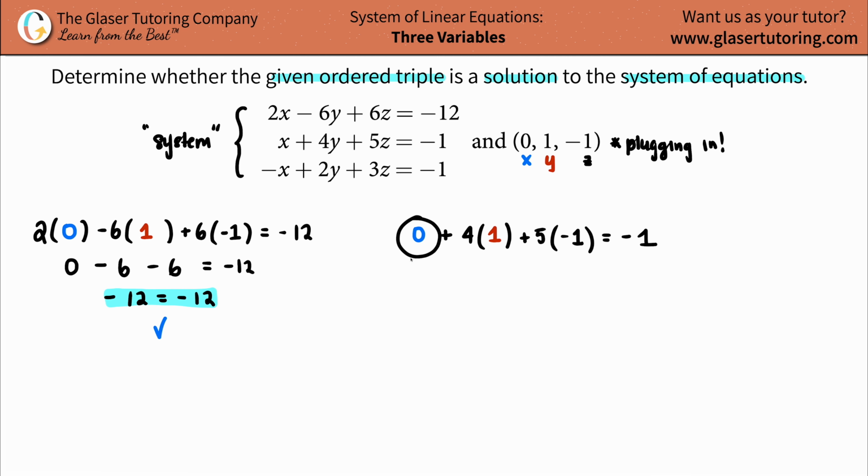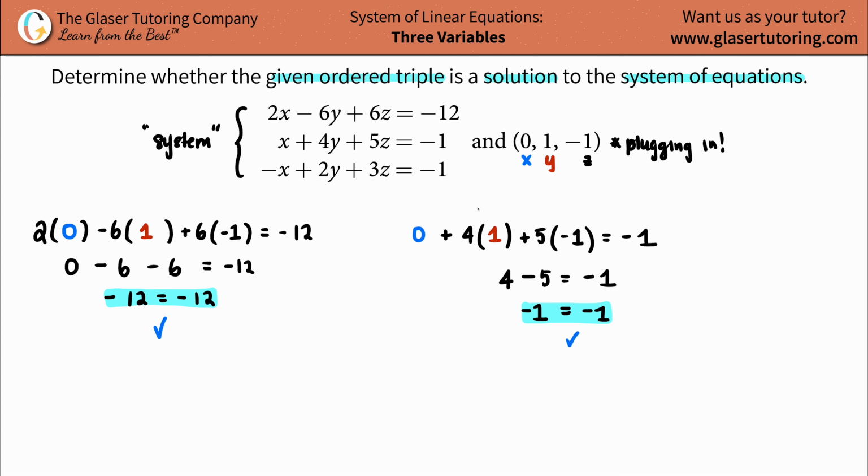So 0, that's nothing, right? 4 times 1 is 4. 5 times a negative 1 is a minus 5. This is 4. 4 minus 5 equals negative 1. Yeah, 4 minus 5 is a negative 1. And that equals a negative 1. So this is a big check. 2 out of 3 good.